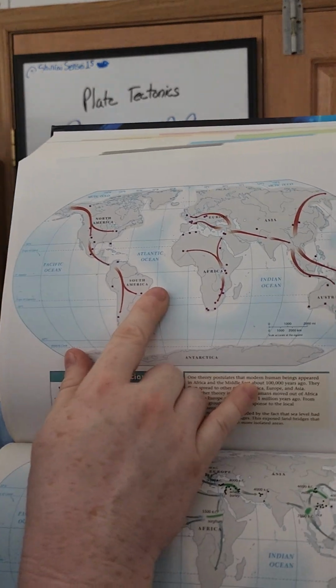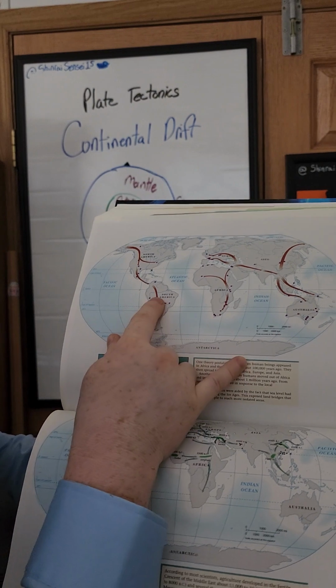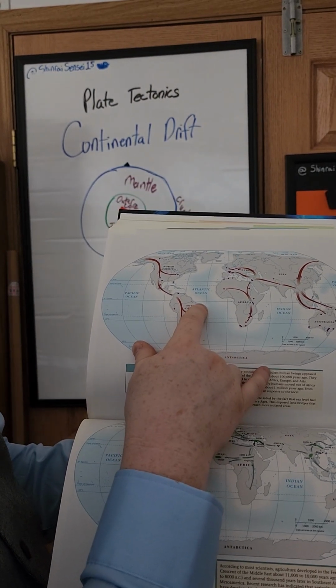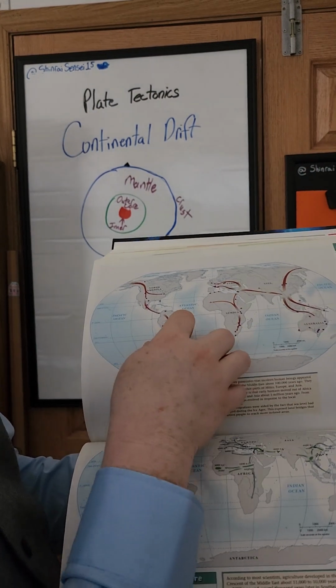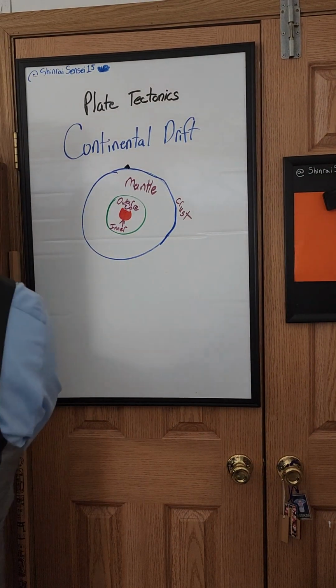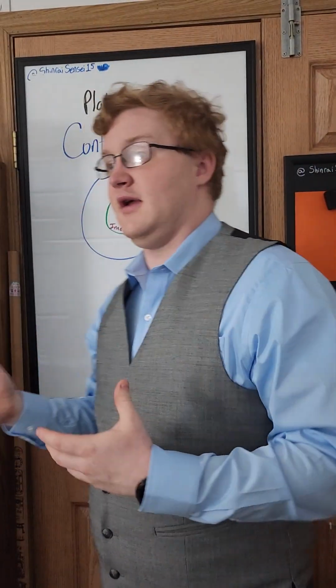If you were to push South America all the way over to Africa or push Africa all the way to South America, these two masses would really almost fit together like a jigsaw puzzle. And that is what caused the theory of continental drift to be introduced.